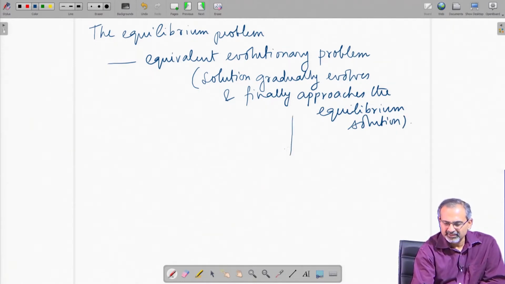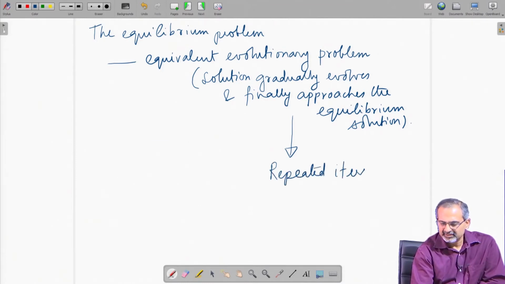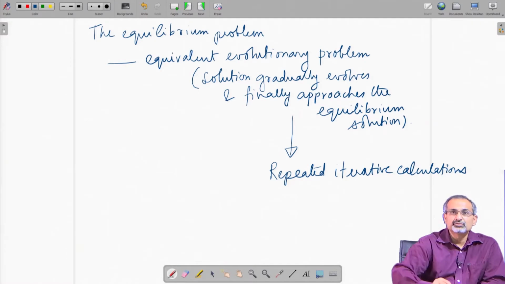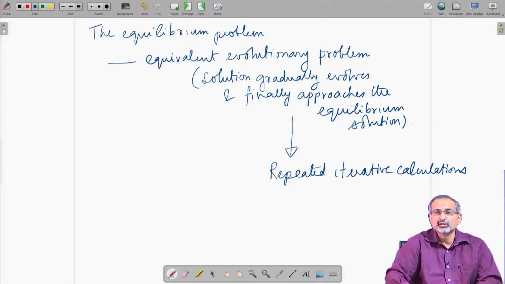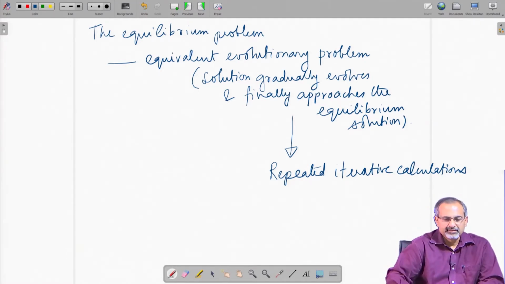And how we do it is through repeated iterative calculations, which we will show very soon how to do them or how to implement them.